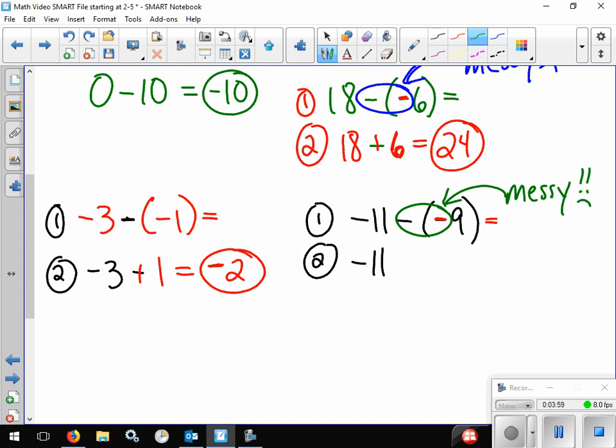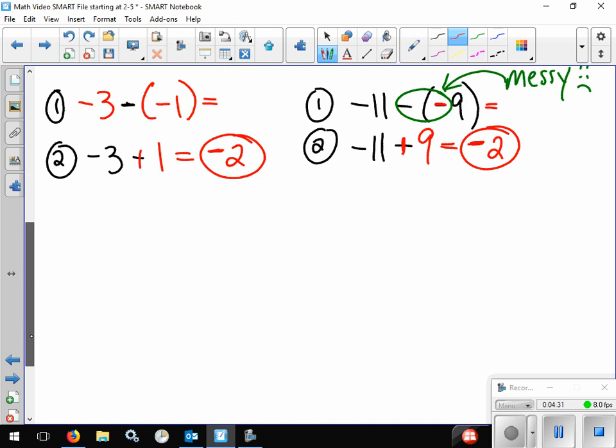Then it becomes minus a negative, so you're adding 9. So what's negative 11 plus 9? Negative 11 means you owe me money. You borrowed $11. You're going to give me 9. Are we good? No, we are not good. You still owe me money. So you owe me $2, negative 2. I want my money. Show me the money.